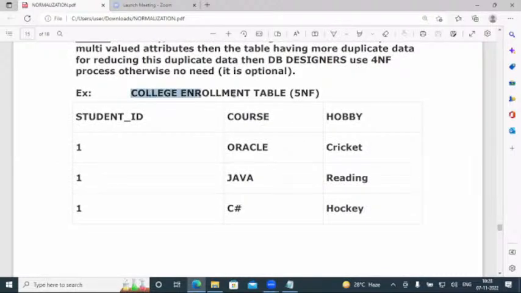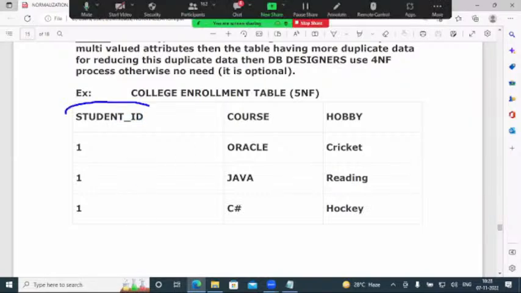In a college enrollment table, I have student ID, course, and hobbies. Course is different, hobby is different. Can you tell me if there is any dependency between course and hobby? No, there is no relation between those two because they are independent columns. Now, carefully observe.